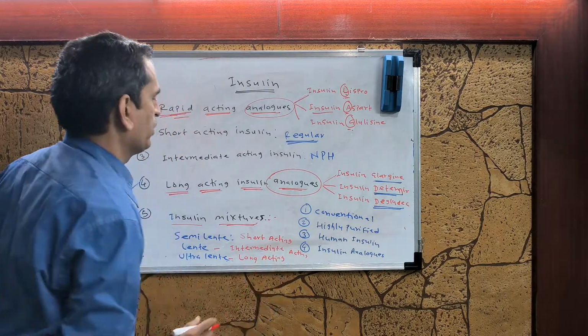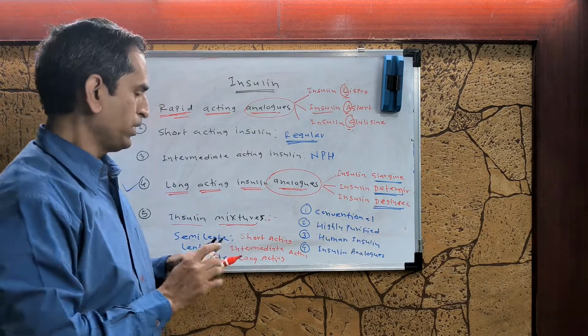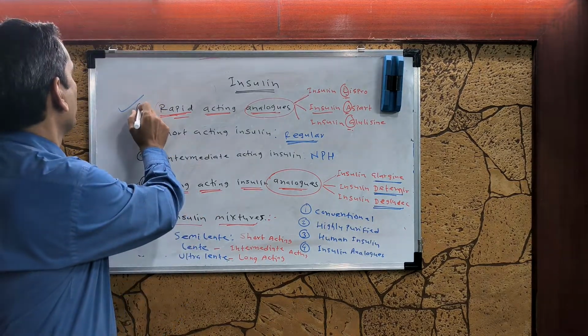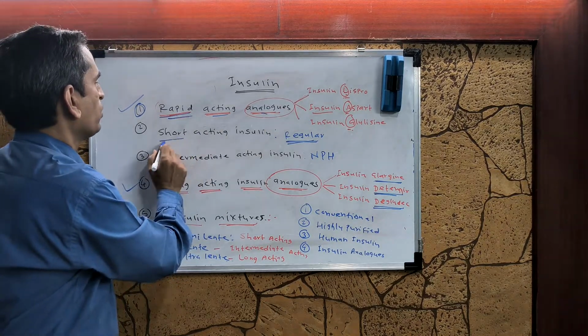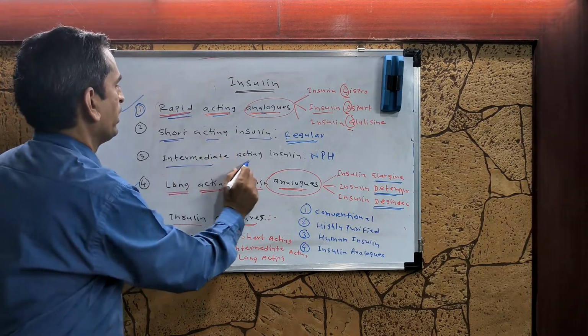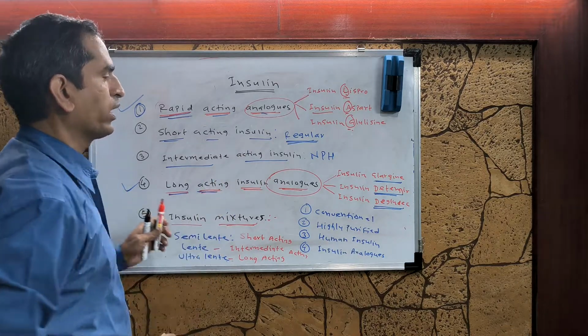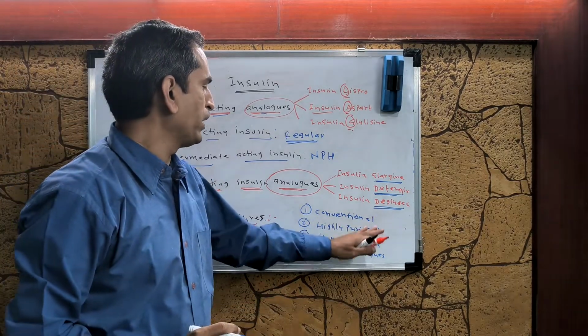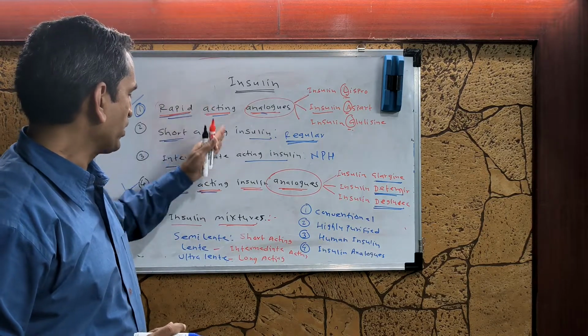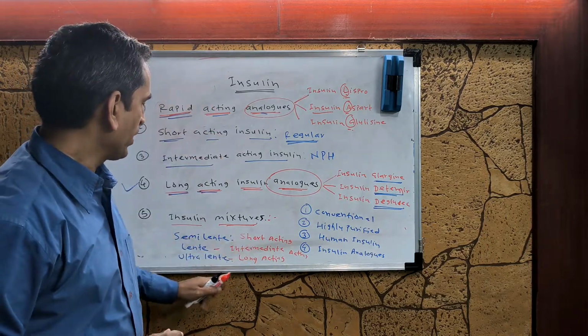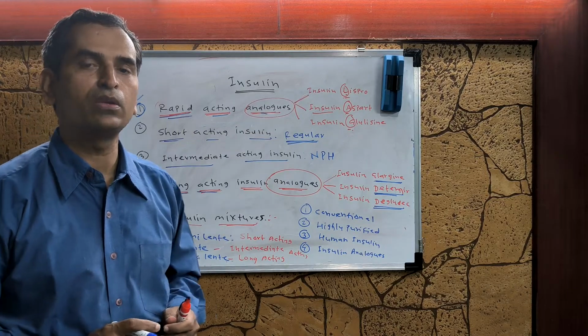So these are different ways of classifying insulin preparations. The most common is the use of rapid acting insulin analogs, short acting insulins, intermediate acting insulins, and long acting insulins. This is based on the duration of action. Again, based on the duration of action, this is another way of classifying insulins.